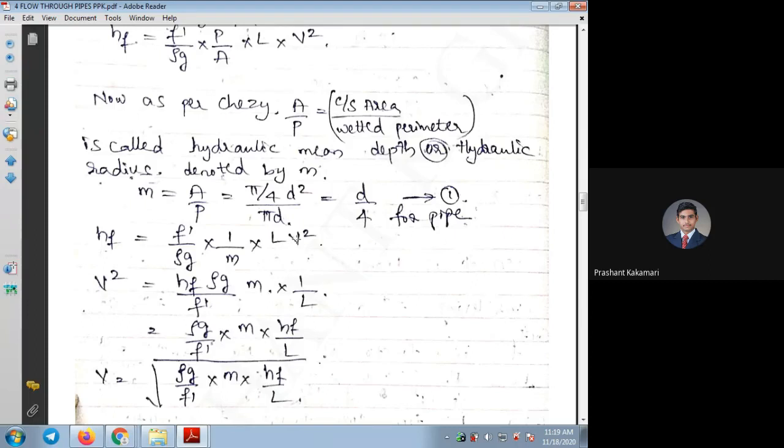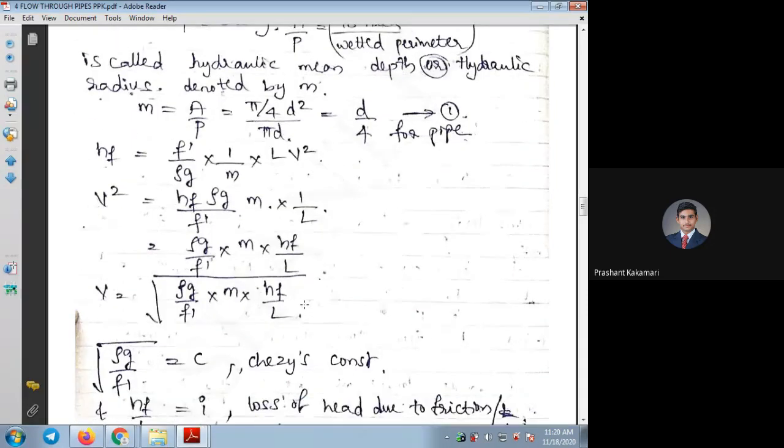What he did was take v square on the left side and hf on the right side. So we are left with hf rho g m divided by f dash into L. Now Chase again recalled these terms, rho g by f dash into m into hf by L. He segregated the terms again in different ways.